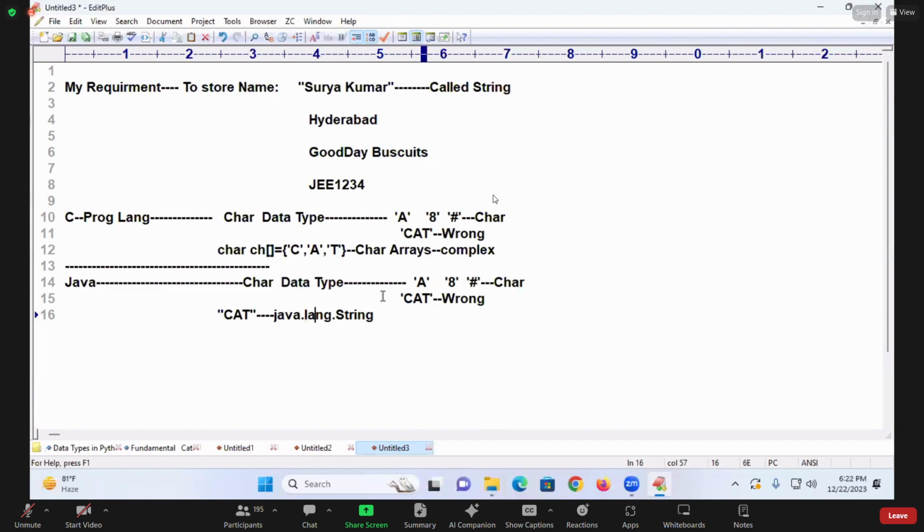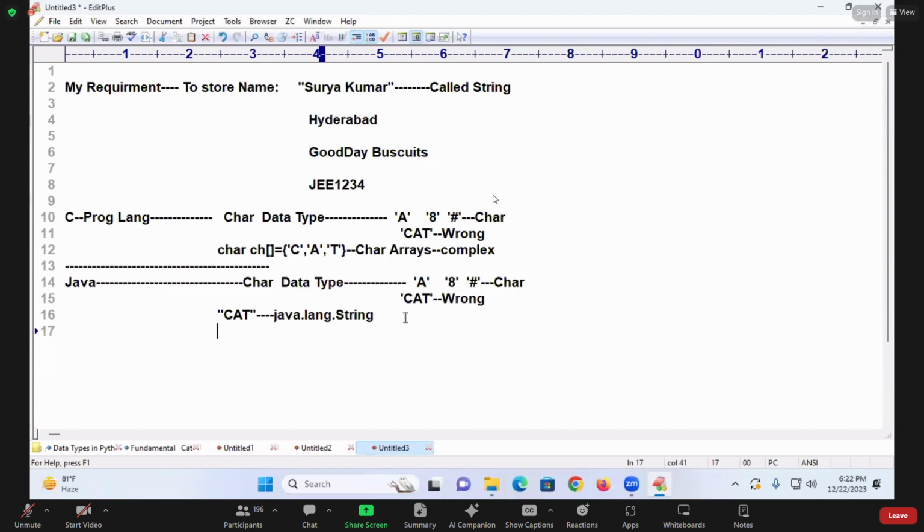This is your class name. Anything enclosed within double quotes is called a String. A single value enclosed within single quotes is a char. Anything written otherwise is wrong notation. Double quoted data, multiple characters, is called a String.